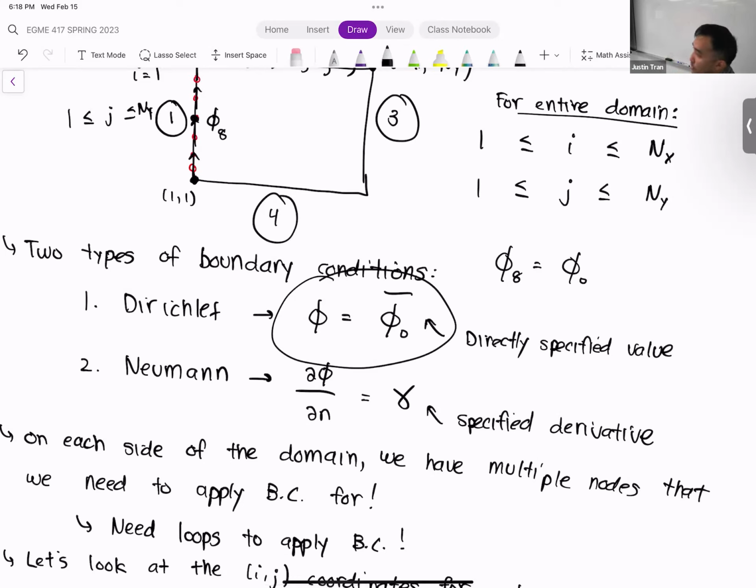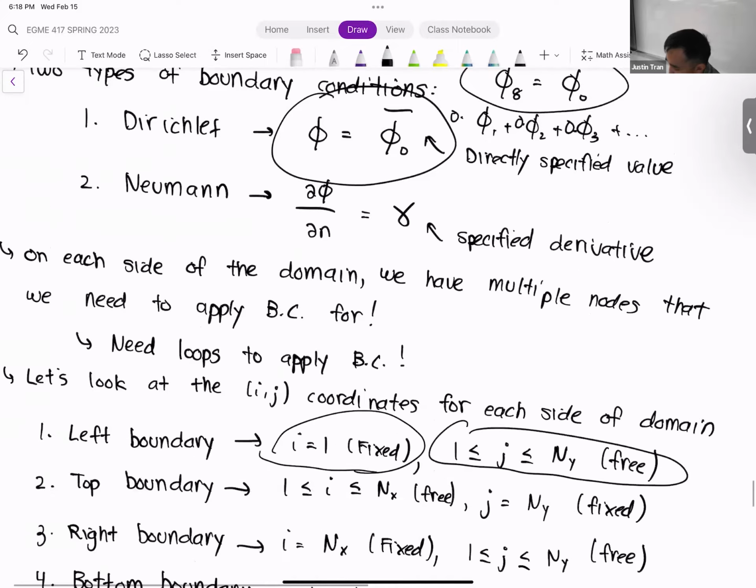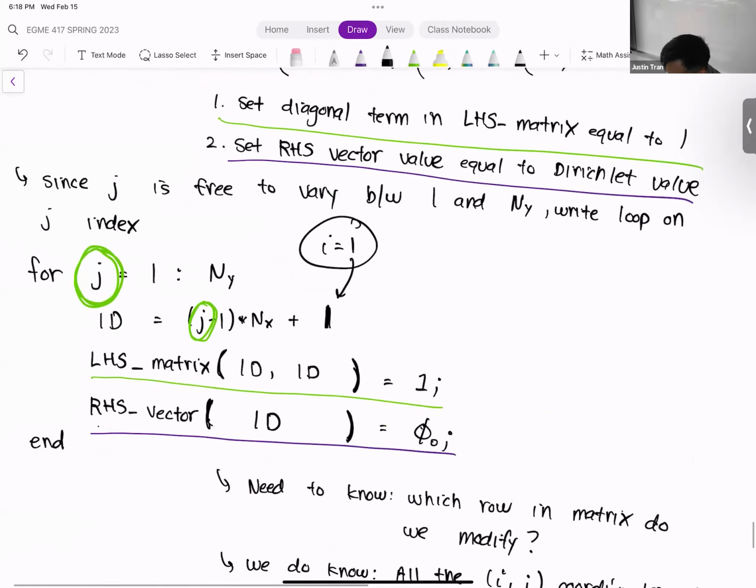That's basically the equation we're putting into the matrix. But what you don't see is that there's also phi 1 plus phi 2 plus phi 3 plus ... but all these are going to be multiplied by 0 because they don't factor into that equation, since it's just phi 8. And so the way that we encapsulate this simple equation is we put 1 on the diagonal right here, and then on the right hand side we put the Dirichlet value.